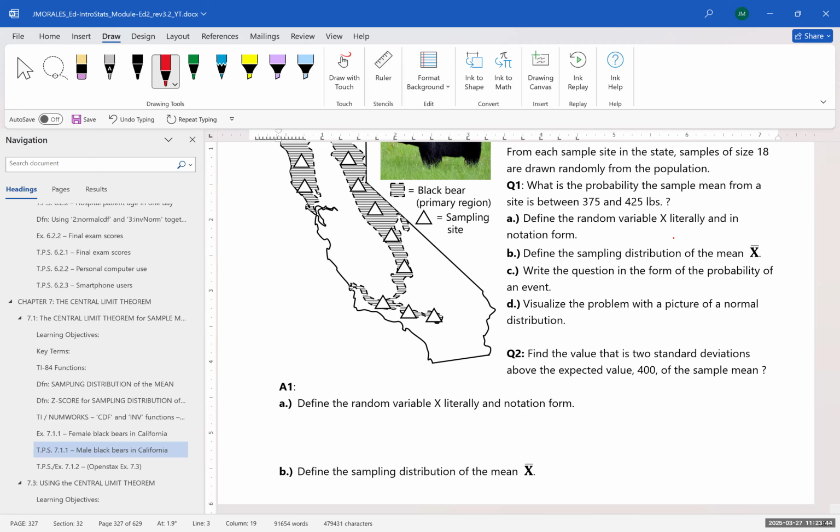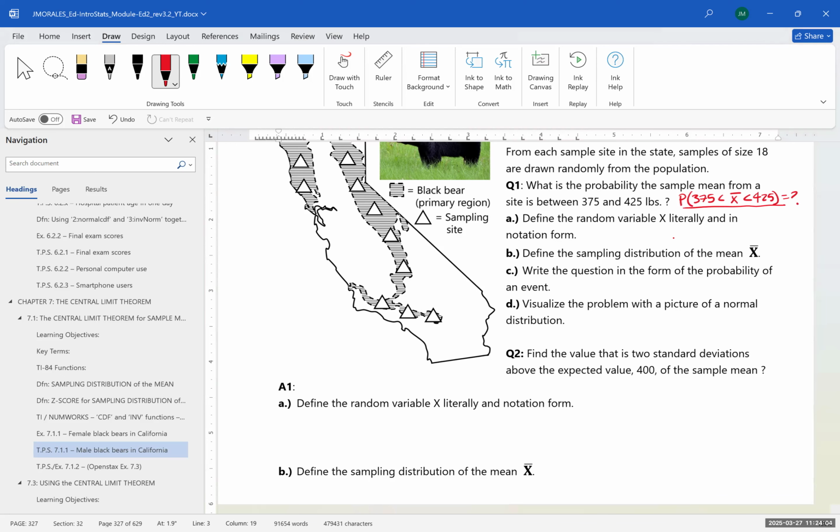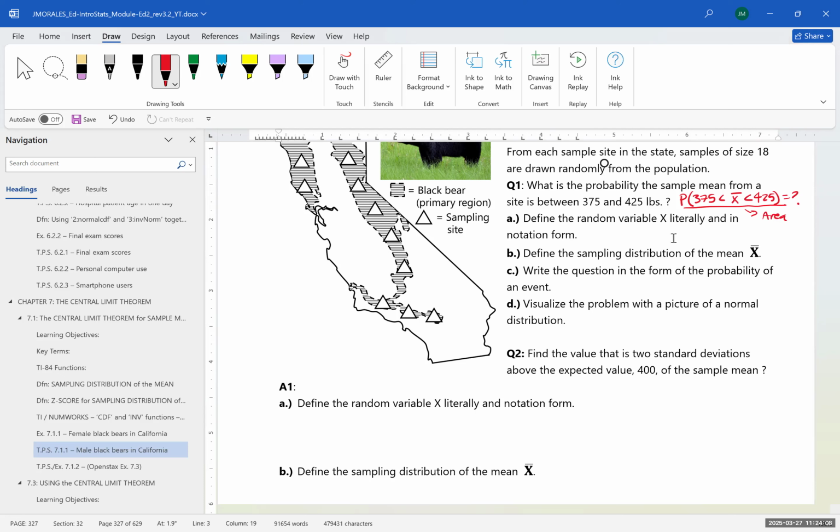So what we're trying to calculate is the probability that the sample mean of any one of these sampling sites will be between 375 pounds and 425 pounds. All right. That's what we're trying to find out. And since we're trying to calculate a probability, remember probability is equal to area under a curve. So we need to find ultimately the area under a curve to calculate this probability.